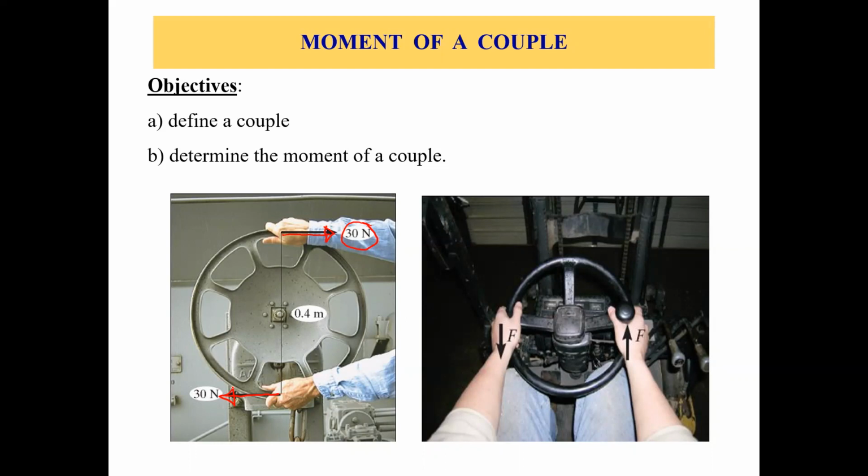But even though the forces cancel out each other, there's some rotation going on. Why is there this rotation of this wheel? Because of the couple. Although these are equal and opposite forces, so they cancel out each other, they have this distance, 0.4 meters, this perpendicular distance between them.